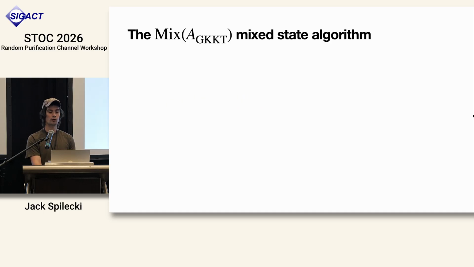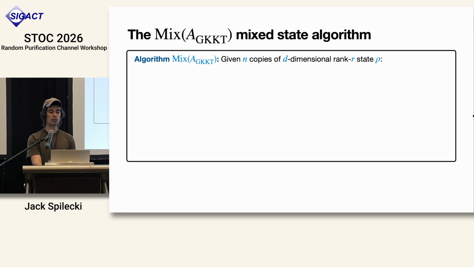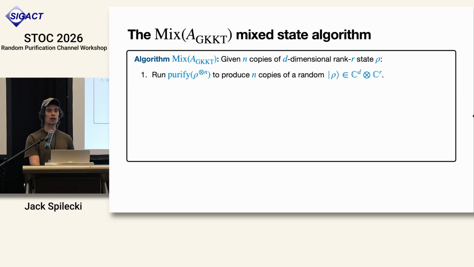Okay, so what happens if we put this into our mix framework? You feed into your algorithm n copies of a mixed state rho. It purifies to the larger Hilbert space, and then you run GKKT on this larger Hilbert space.